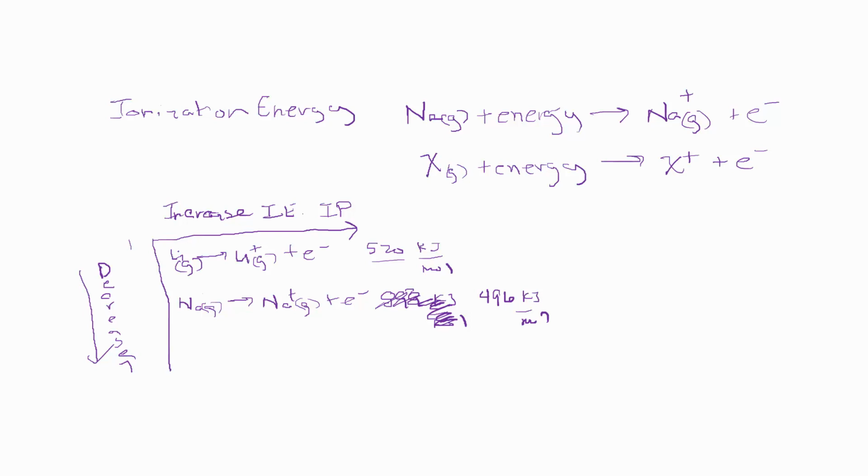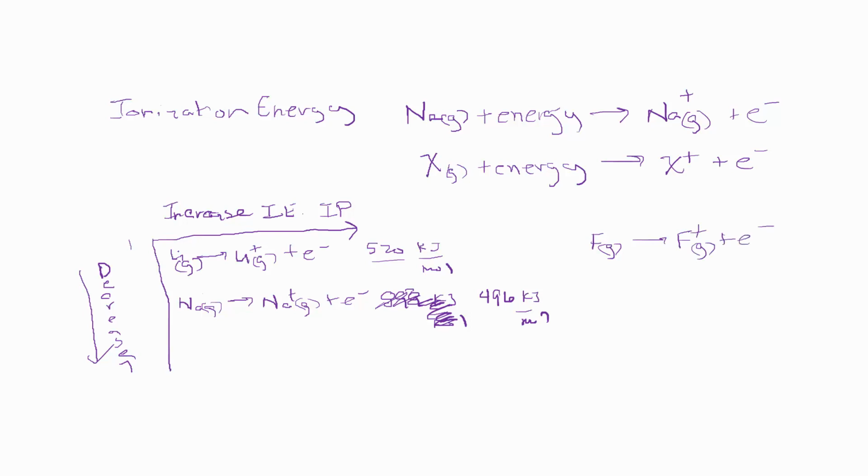All right. So then let's compare that to fluorine. Fluorine's in the same period as lithium. So with fluorine, we would be taking monoatomic fluorine, not diatomic, its natural form, but monoatomic fluorine, and we would remove the electron. It would become positively charged in the gas phase, loss of the electron.